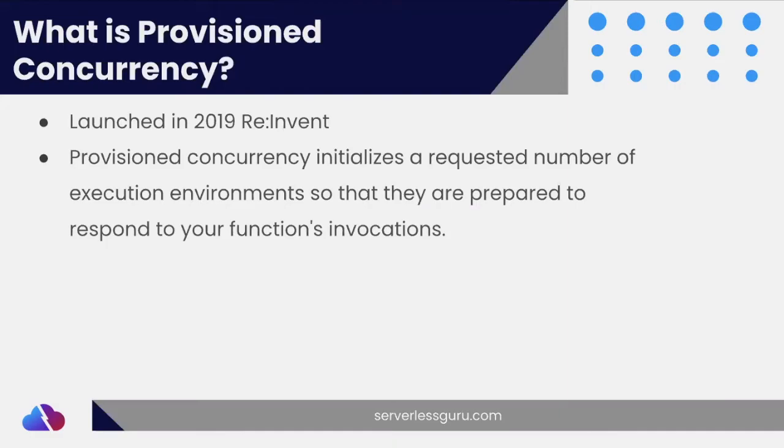Let's see what provisioned concurrency is. Provisioned concurrency initializes a requested number of execution environments so that they are prepared to respond to your function's invocations, which means you can specify a number of concurrent containers which need to be running for your function all the time.